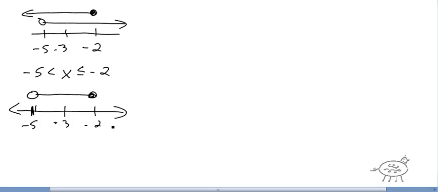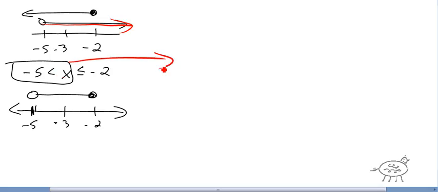Now sometimes people get confused and they're like, well, wait a second, I don't understand. How is this, the arrow's pointing to the right, this arrow's pointing to the right, but yet it looks like it's pointing to the left. Well, you need to realize that if I rewrite this, I can flip it around. That's actually saying x is greater than -5.